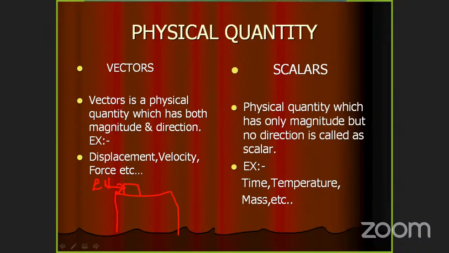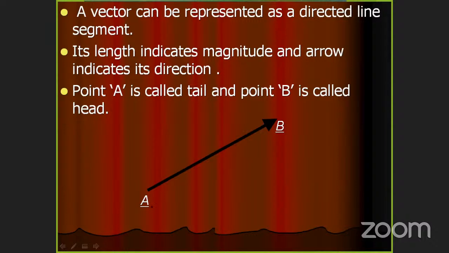There is no direction. And the vector quantities are represented as a directed line segment. The length of this line segment indicates the magnitude, and the arrow indicates its direction.